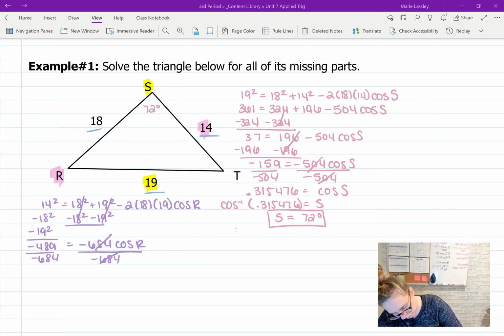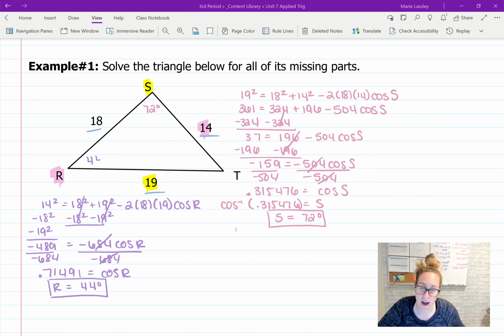That gives me 0.71491 for cosine R. Now I'm going to use inverse cosine so I can get angle R by itself. So R equals inverse cosine of that. And again, rounding to the nearest degree, that gives me 44 degrees. So this is 44 degrees.